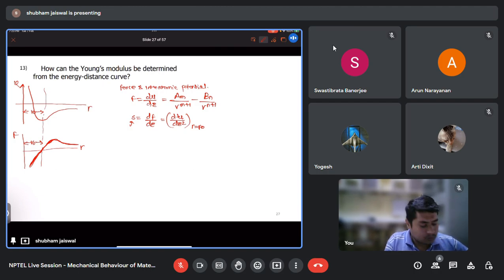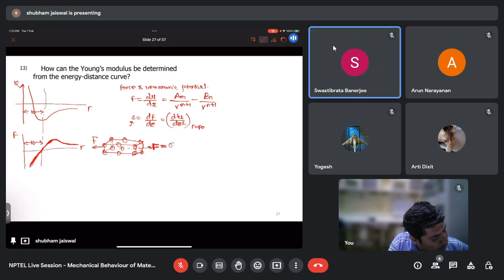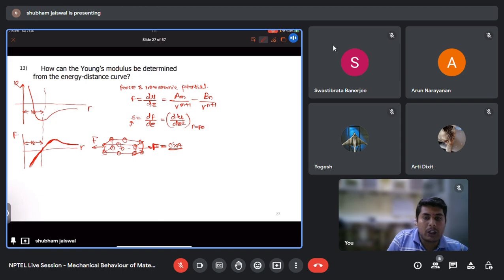Okay. So now if I have a material like this, and these are my atoms, and I am applying force capital F. This capital F is nothing but load, sigma into A, like stress that we are considering on the whole body.